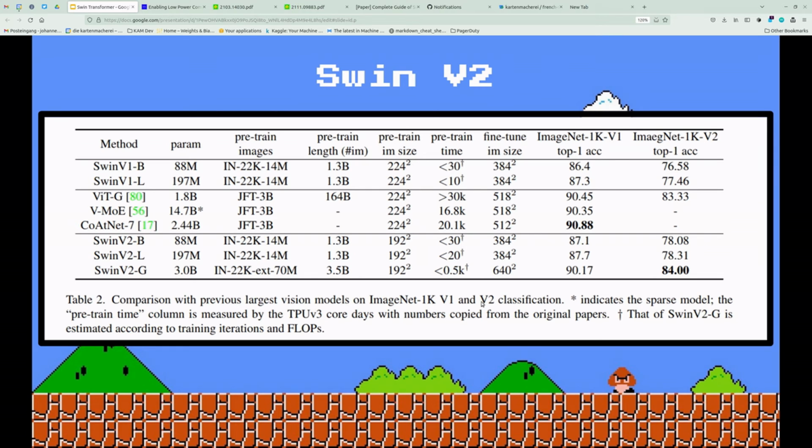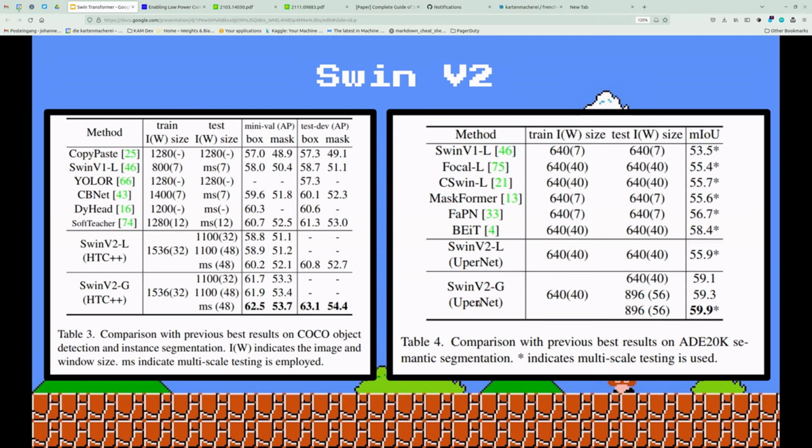But they not only did classification with Swin, because that's a nice thing about it, they can also do segmentation, for example. Here's a segmentation benchmark, the ADE 20K. They also show that at the point when they published it, they were the best ones with their giant model. And also for object detection, which is here.